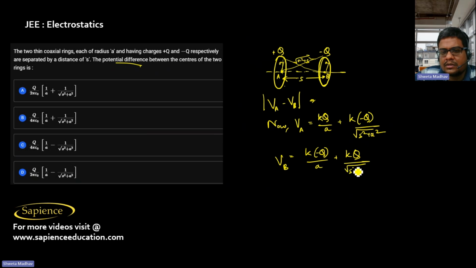So therefore VA minus VB will be 2KQ by A minus 2KQ by root over A square plus S square.